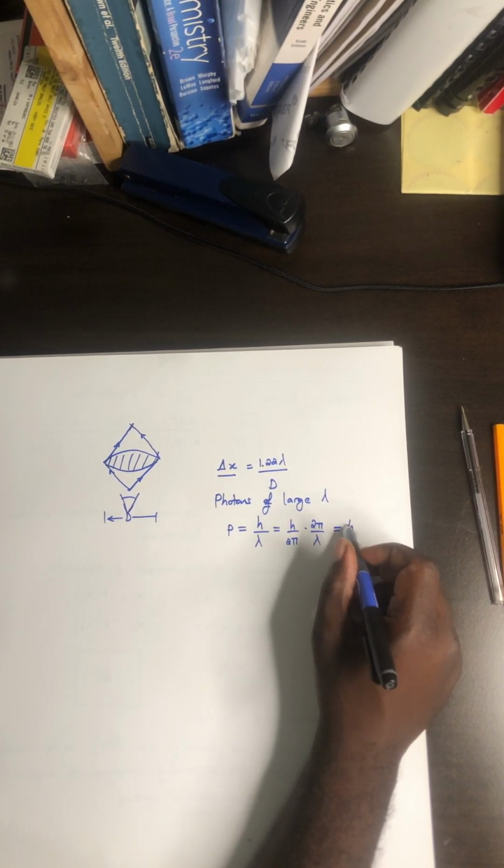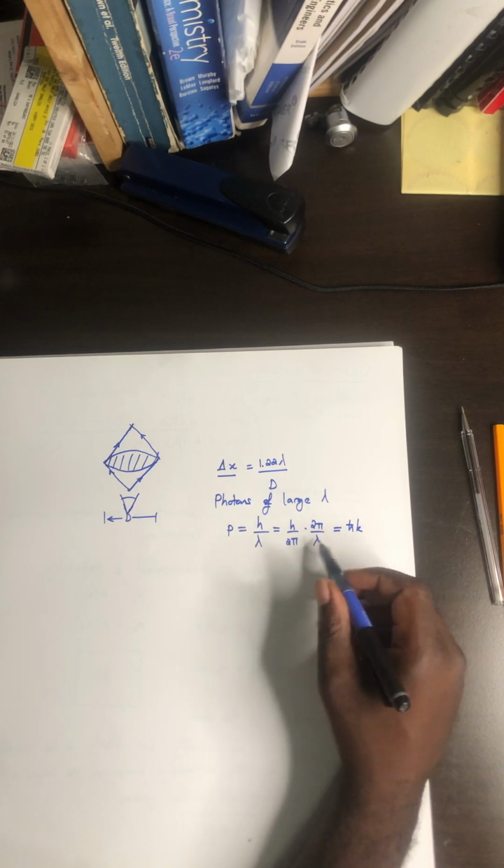So this will be h bar times k. We call k the wave number.